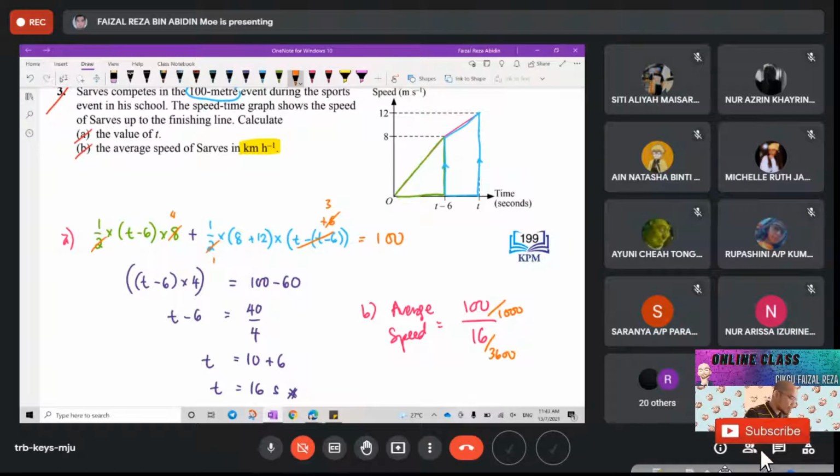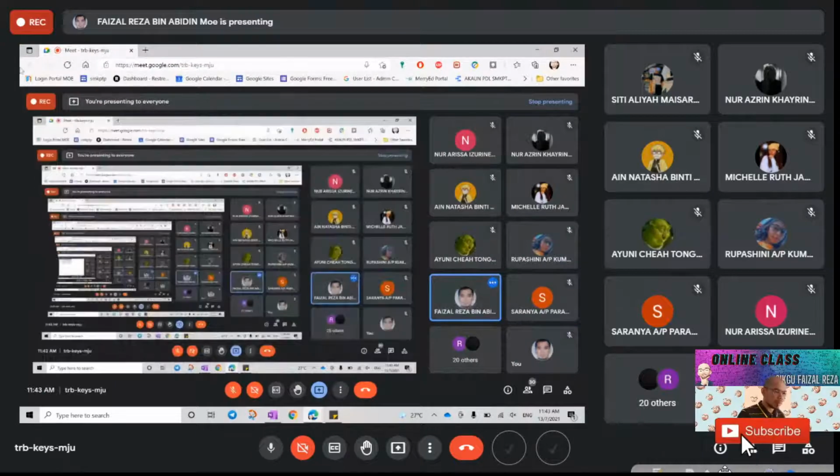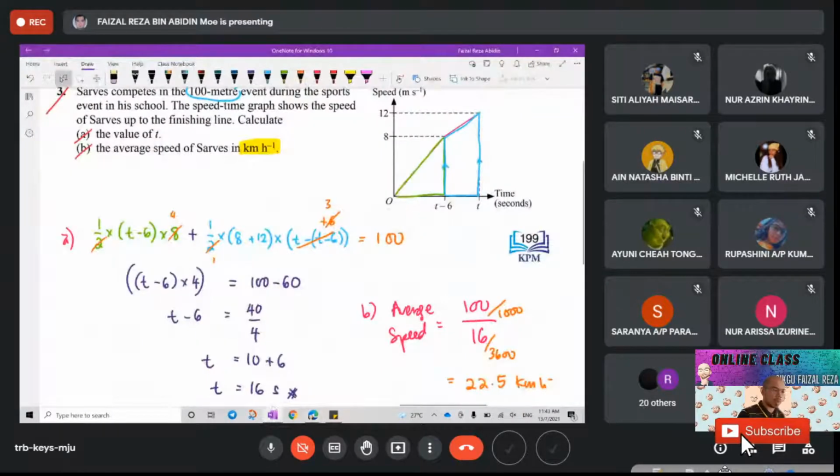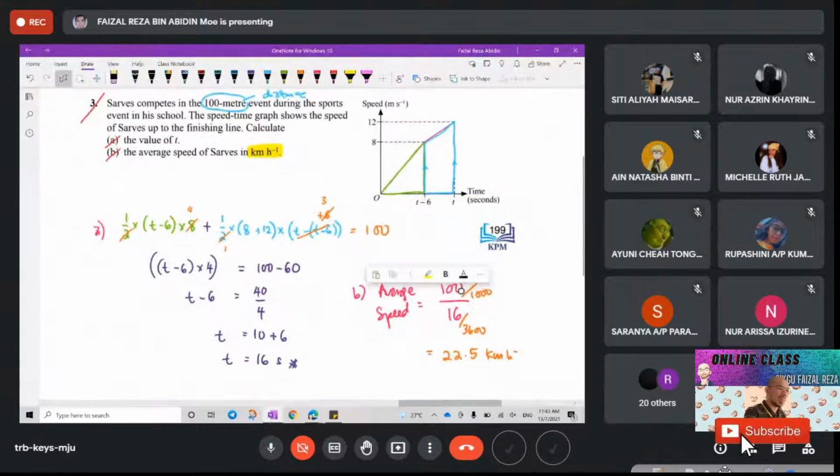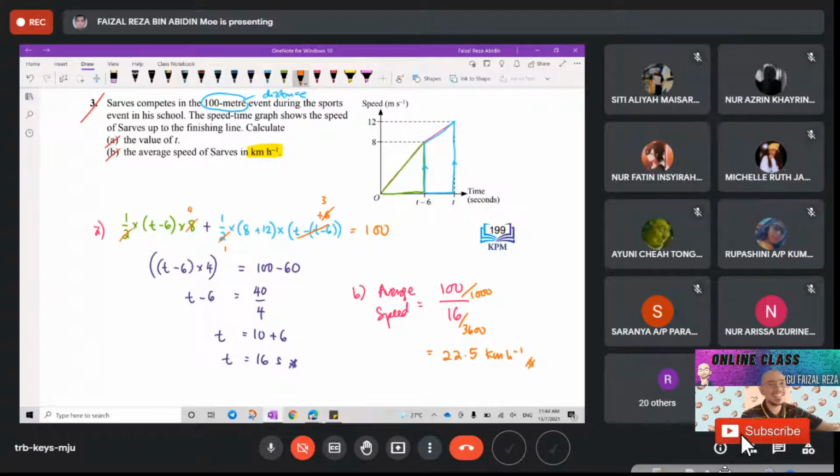So I'm going to get 22 1 over 2, which means 22.5 kilometers per hour. Okay, you're going to get that. Class, by using your calculator straight away, you can get that, isn't it? Can, class? Can, teacher.